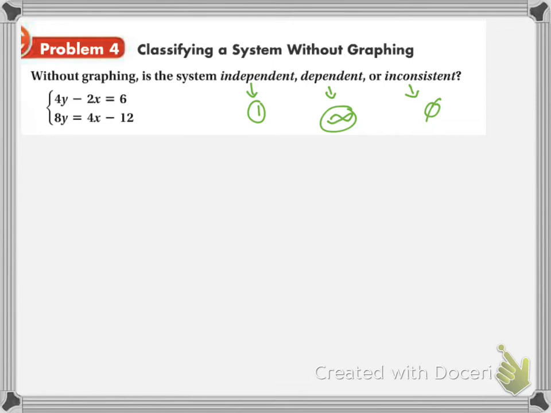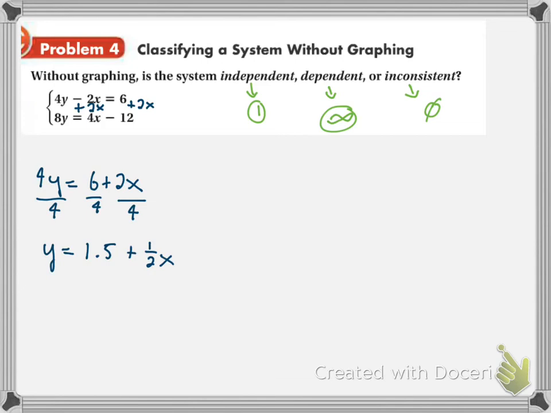So for both of these lines, again, what I'm going to want to do is get this into slope-intercept form. So for this first one, I'm going to add 2x to both sides. And then I'll divide everything by 4. You could leave that as 6 over 4, I always like to simplify it. So y equals 1.5 plus 1 over 2x.